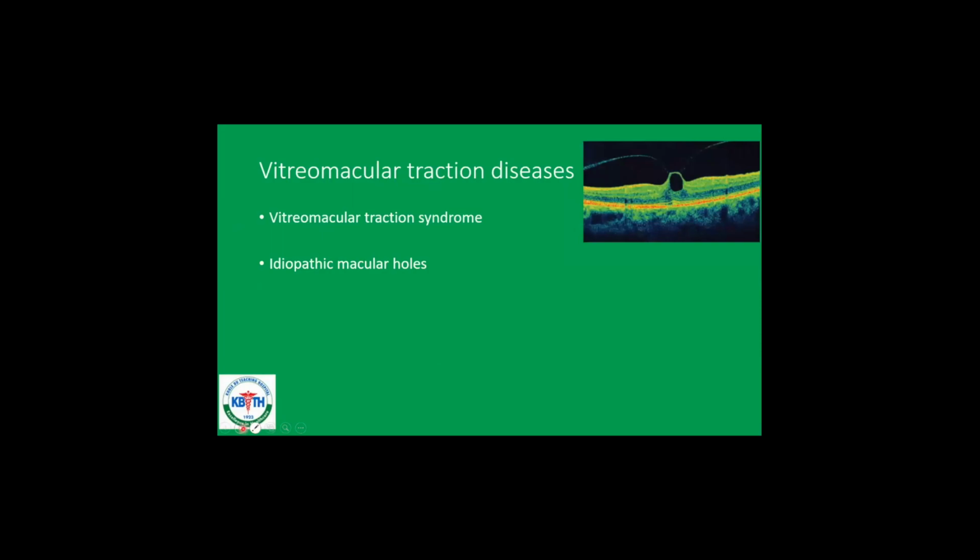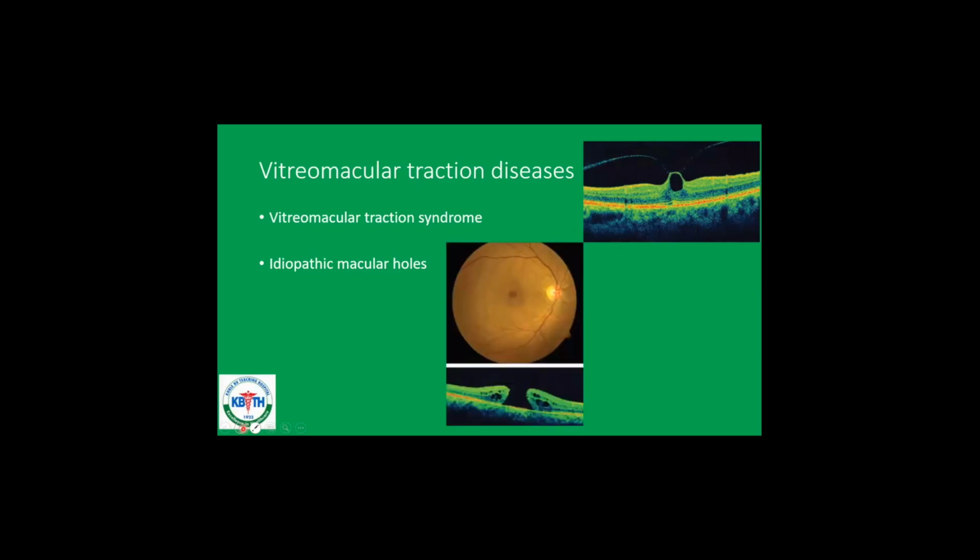Now, vitreomacular traction diseases have also been discussed in the earlier presentation, so I wouldn't dwell much on it. For focal ones, apart from vitrectomy, we have pneumatic vitreolysis, and then also the use of what? Ocriplasmin.